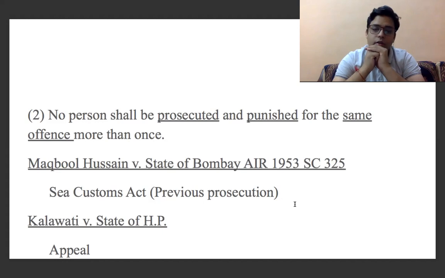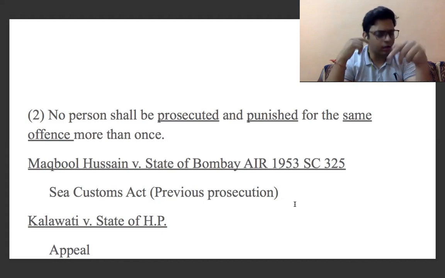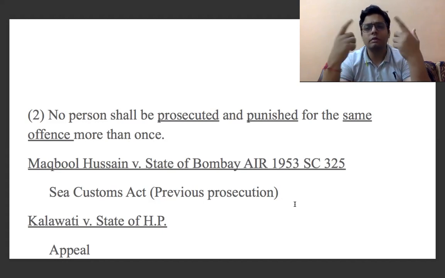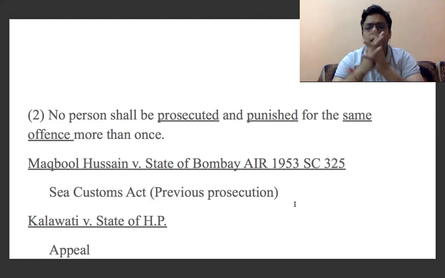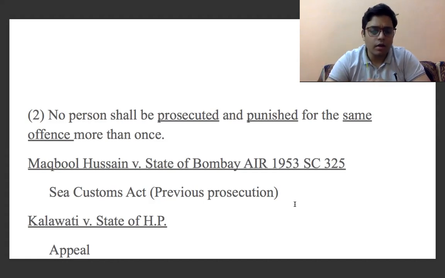He was arrested by customs officers, and the whole trial under the act was conducted. What happened in future was that he was being prosecuted after this whole procedure under the Sea Customs Act.